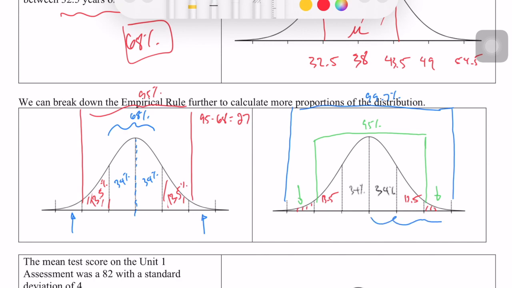That is 1, 2, 3 standard deviations away. And so, to find out what this slice is, what I must do is take 99.7 and subtract from that 95, and I'll get 4.7, and that's to be divvied up between the two. So 4.7 divided by 2 gives me, what, 2.35% on the tails.